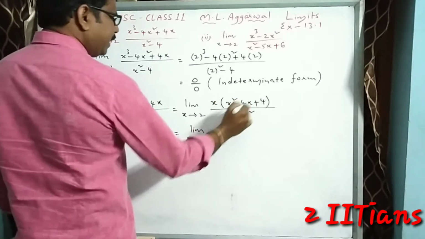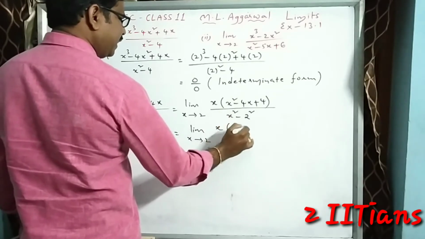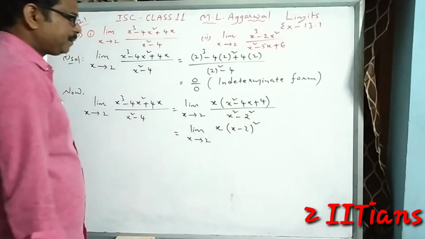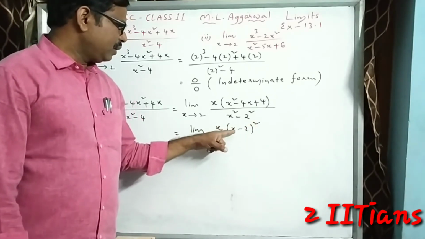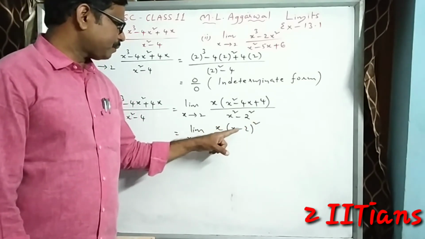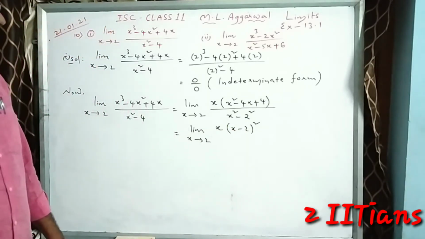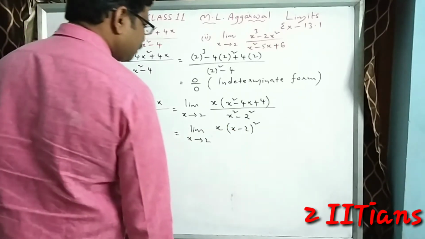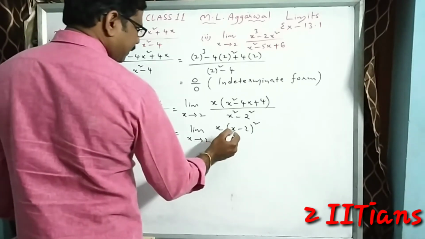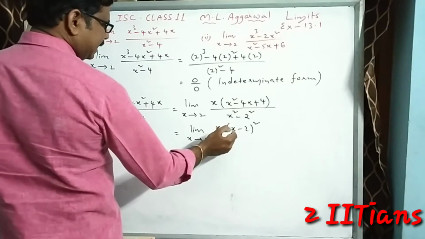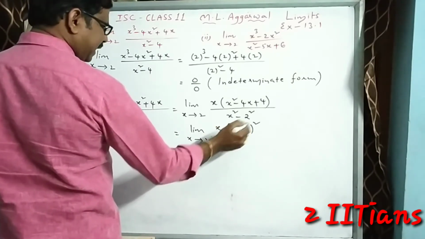Now I am going to factorize the numerator here. Can I write x minus 2 whole square this? If you expand a minus b whole square, you will get x minus 2 whole square, right? X minus 2 whole square. Is that clear? X square minus 4x plus 4, right?